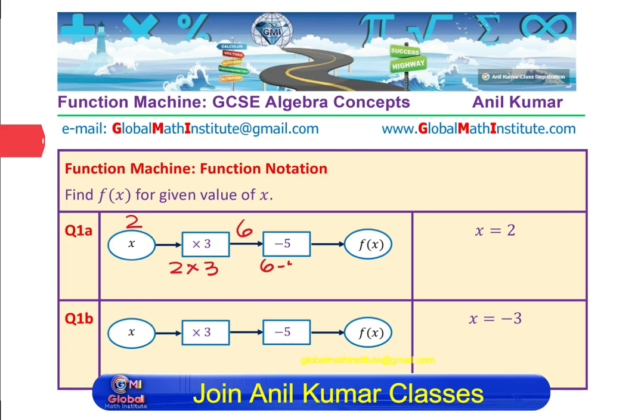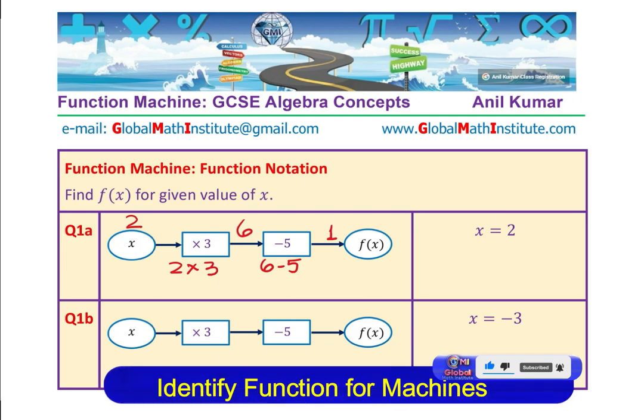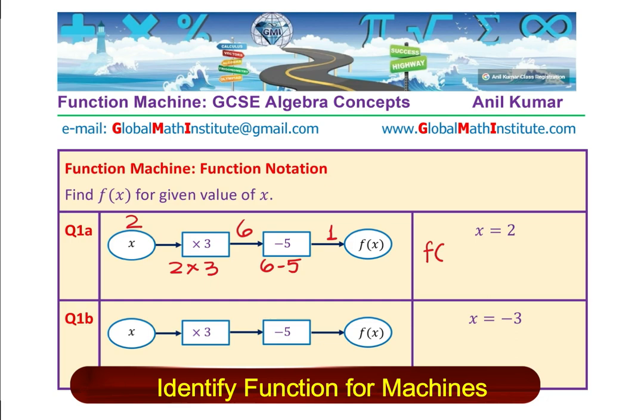In this order, each operation will be performed. 6 minus 5 is 1, and therefore the output f of x is 1, right? So in this case, we'll write f of 2 is equal to 1. You get the idea. That is the actual way of writing the answer. So f of x at 2 means f of 2 equals 1. Make sense?